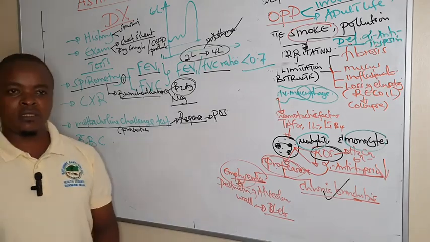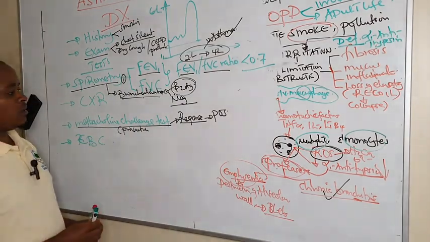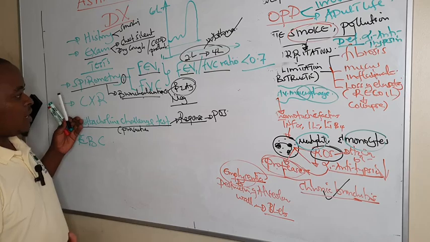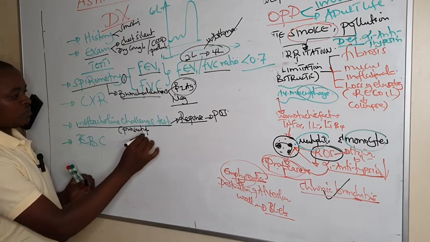Methacholine is a muscarinic 3 receptor agonist, which causes bronchoconstriction.